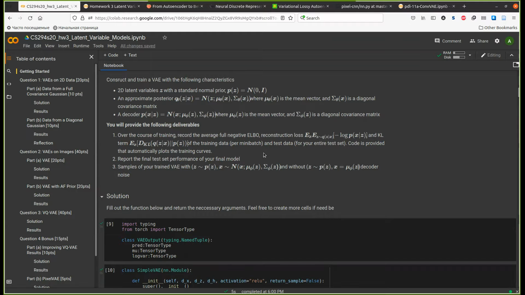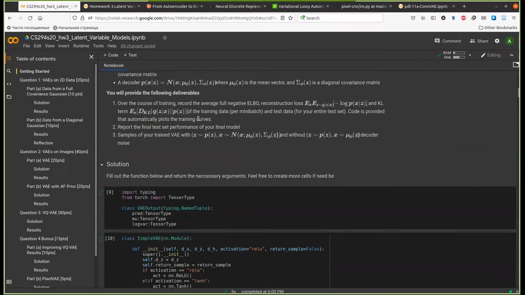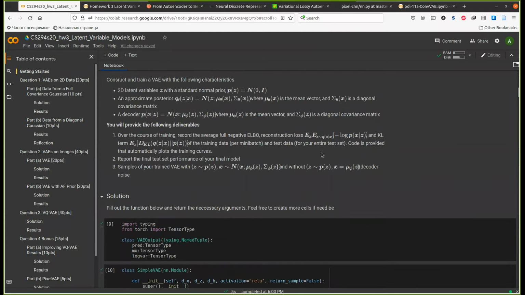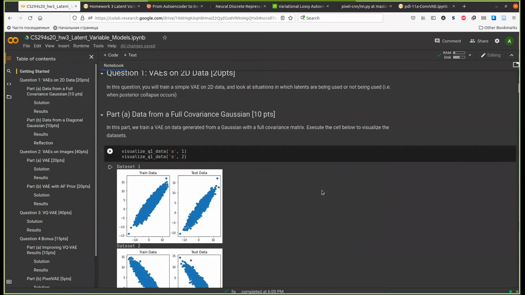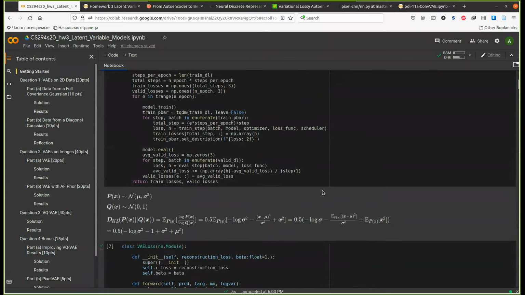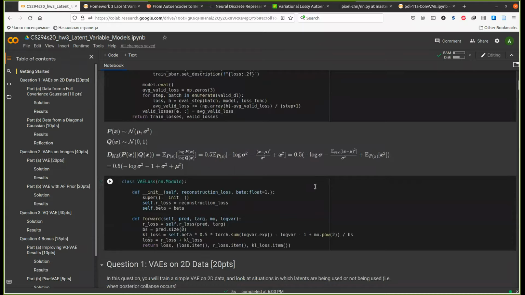And we have two terms: one is the reconstruction loss, and the other one is the KL divergence between our prior distribution P of z and posterior distribution Q of z given x. So let's look at what exactly the loss function would be in this case.